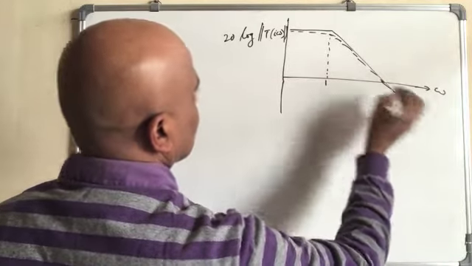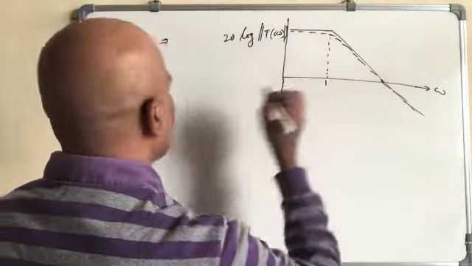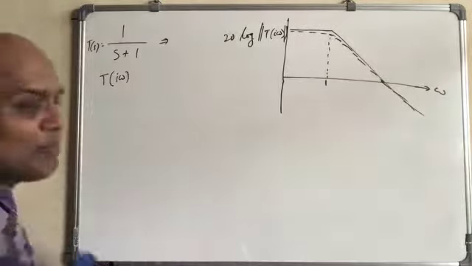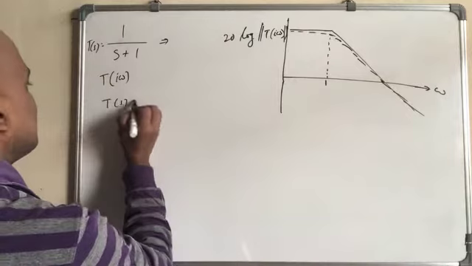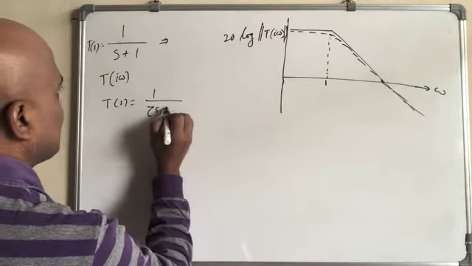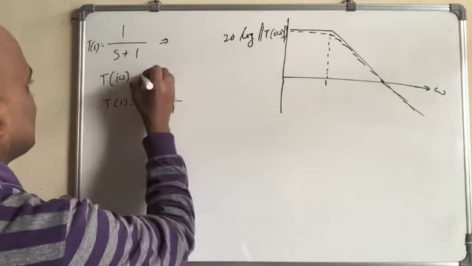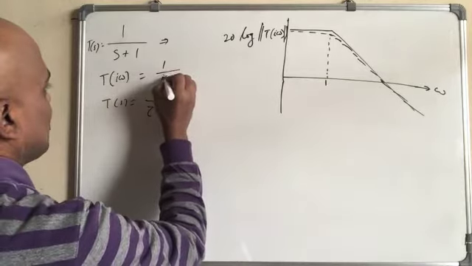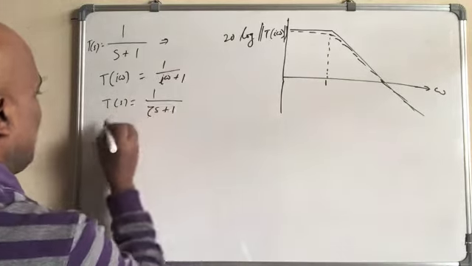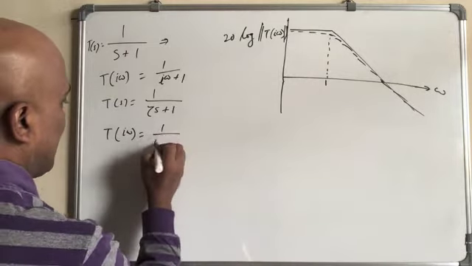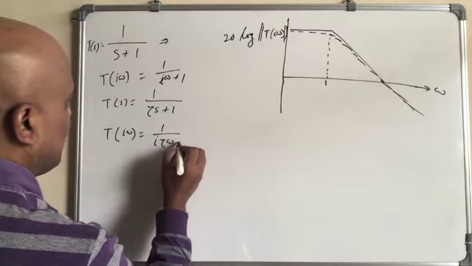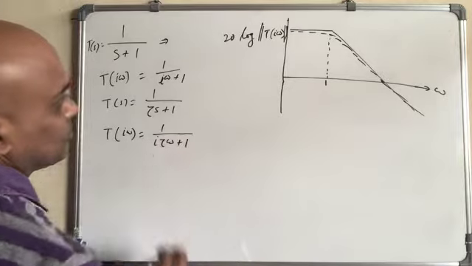Here it is 1, but for a general first order system, you write T equal to 1 over tau s plus 1. So this will be 1 over i omega plus 1, and for this T(i omega) will be 1 over i tau omega plus 1.